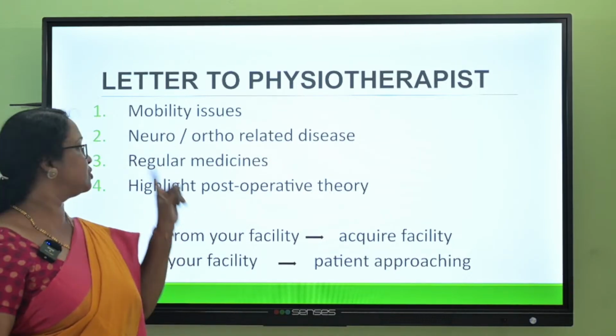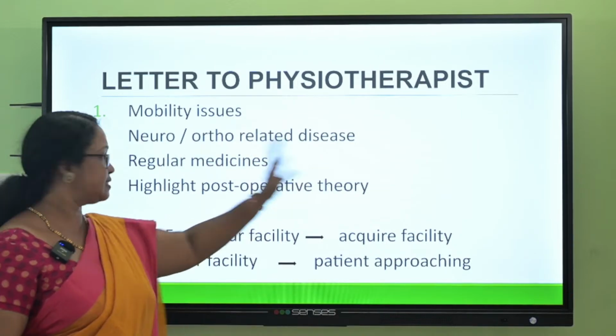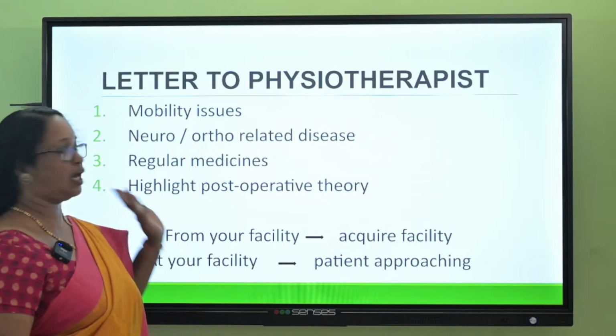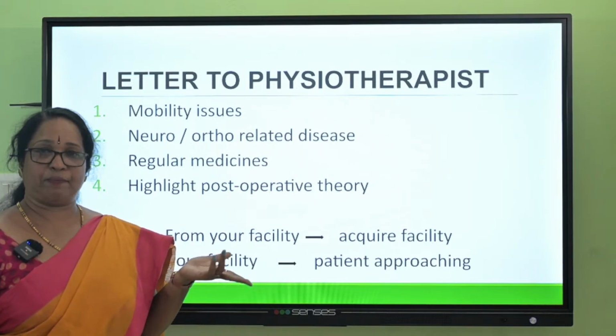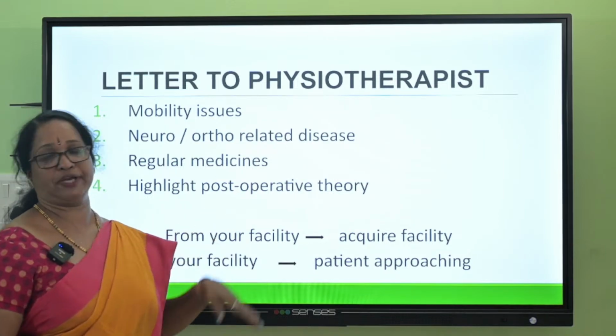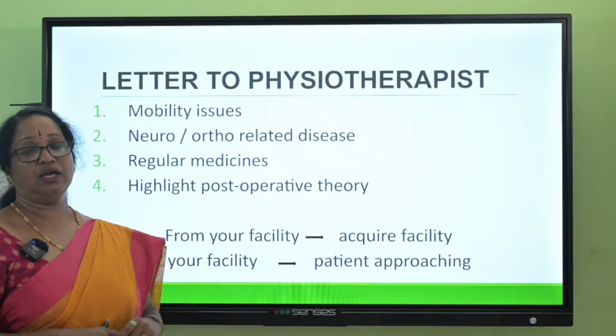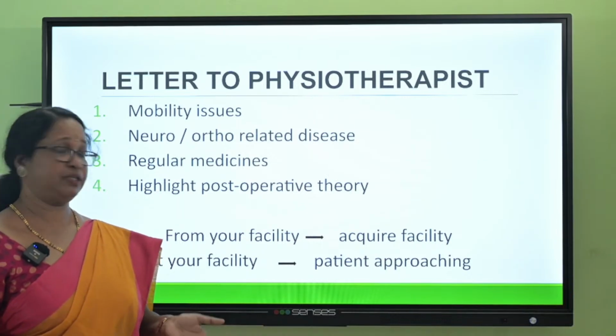Second, we have to check whether the patient has any neuro or ortho related disease. Third, the regular medicines that the patient is taking. And fourth, we have to highlight the post-operative period of the patient. So, whether he has any problem in mobility or anything else, we have to point that out.